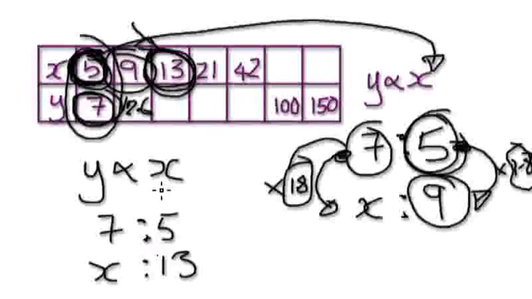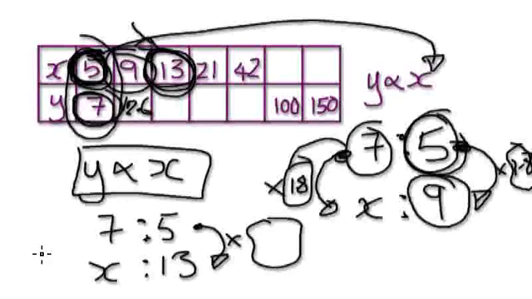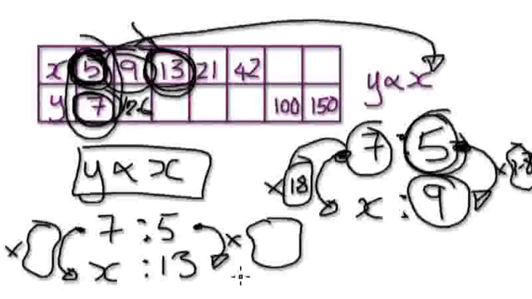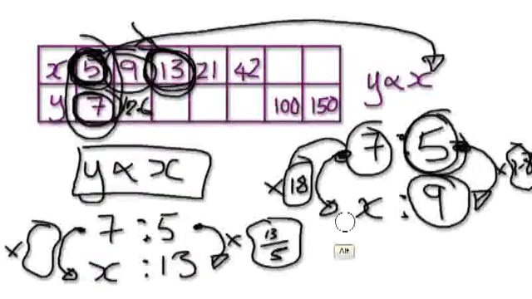So what is this thing here? When you're told that y is directly proportional to x, we need a multiplier here, and whatever that multiplier is, it will be the same multiplier over here. So you can use the same technique. The multiplier here will be 13 over 5, which is 2.6.